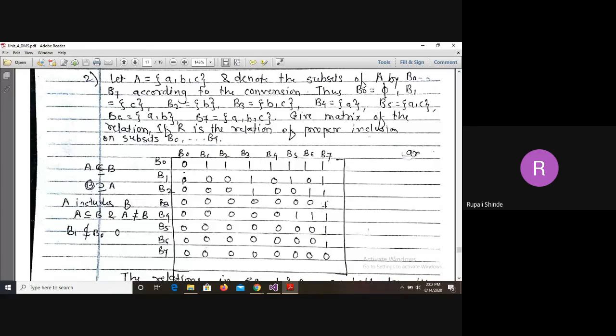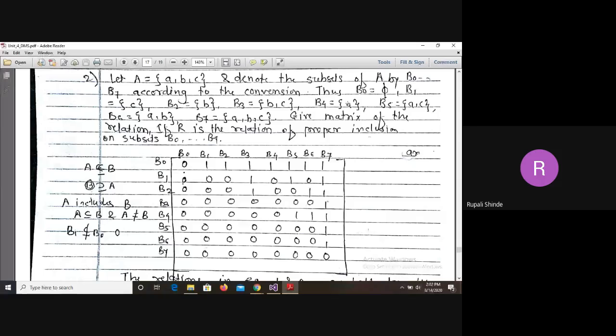That's why only for this pair, B3 and B7, we have marked 1. And for the rest of the places, B5 is set A comma C. So here set B4 is a subset of B5 and B4 is not equal to B5. That's why we have marked this one as 1.